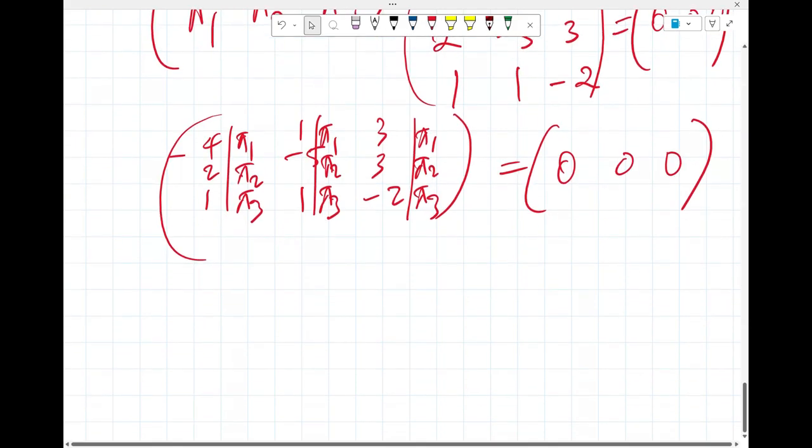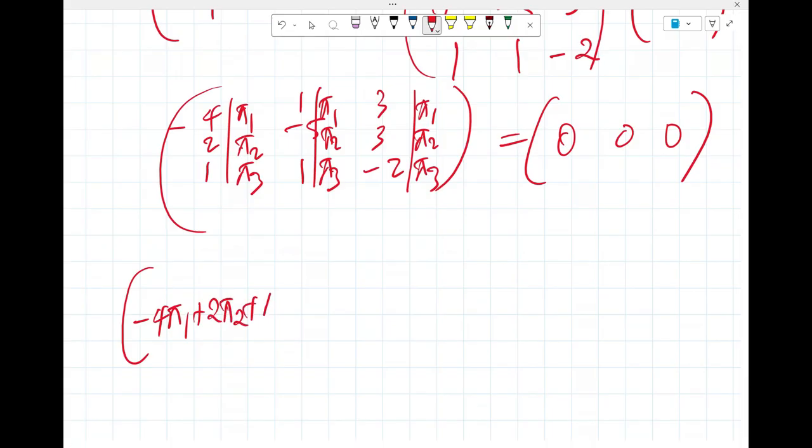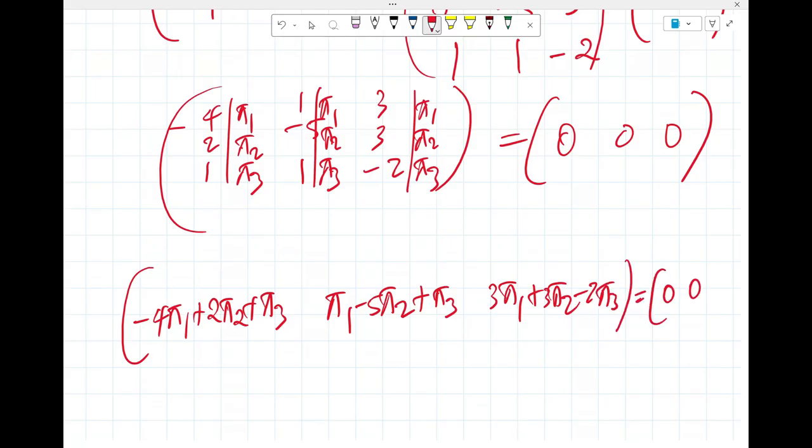Then this is minus 4 pi 1 plus 2 pi 2 plus pi 3. Then this is pi 1 minus 5 pi 2 plus pi 3. And lastly, this is 3 pi 1 plus 3 pi 2 minus 2 pi 3, equal to 0, 0, 0.